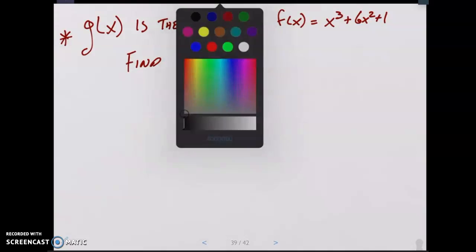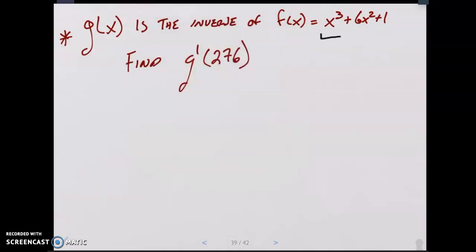The reason why is because what we would have to do is find out what g of x was. And remember, g of x equals f inverse of x. So what we're actually doing when we're finding g prime of x is finding the derivative of f inverse of x.